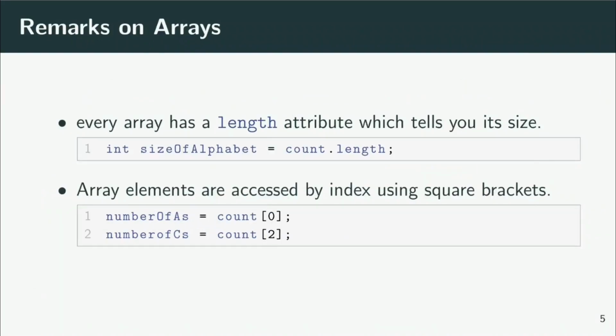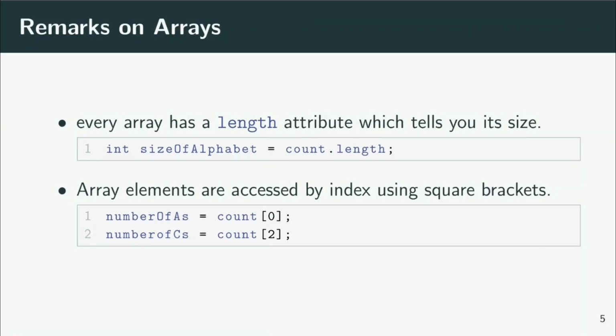Two brief remarks on arrays. Firstly, you can always access the declared length of an array using the attribute called length. To do this, you can just use the identifier followed by a dot and then length. This is in fact an integer variable that contains the declared length of the array count.